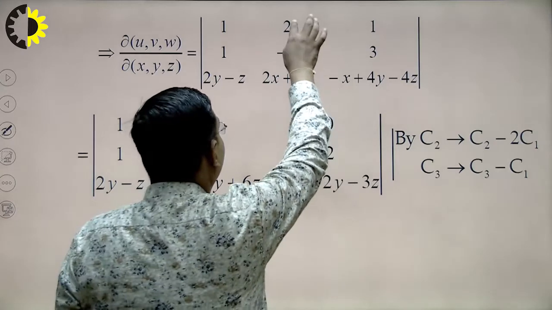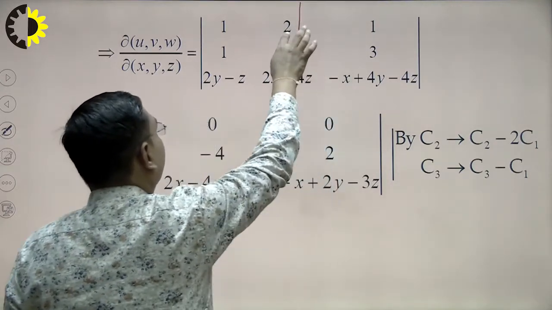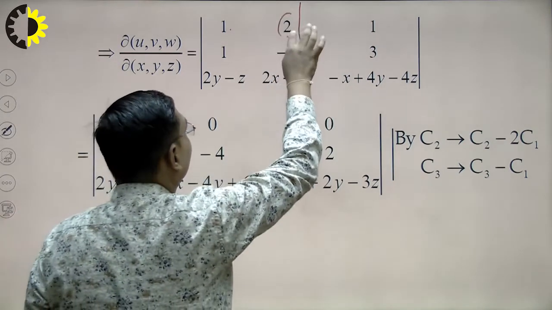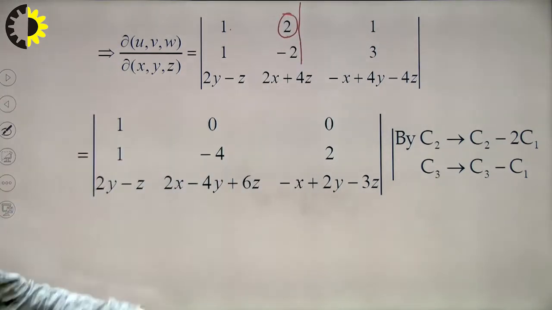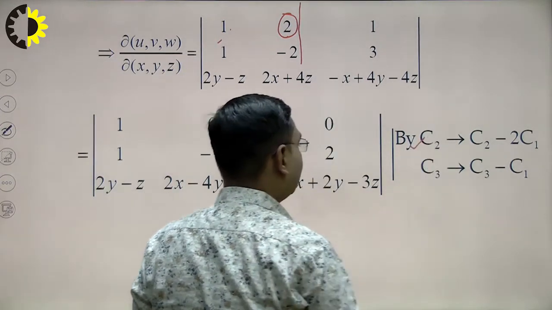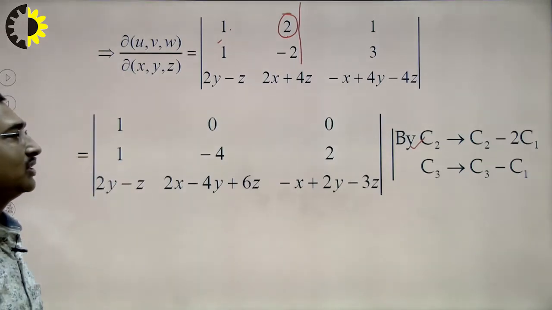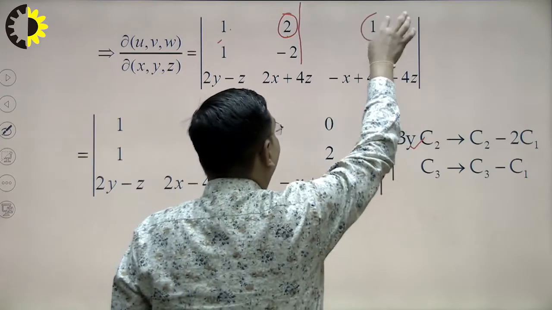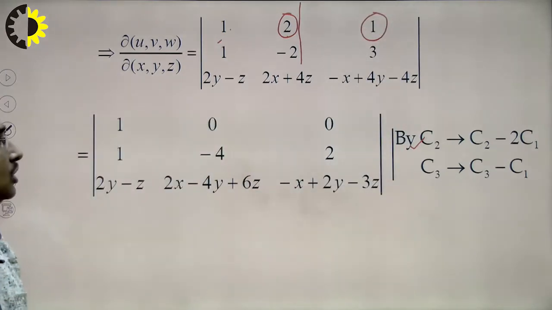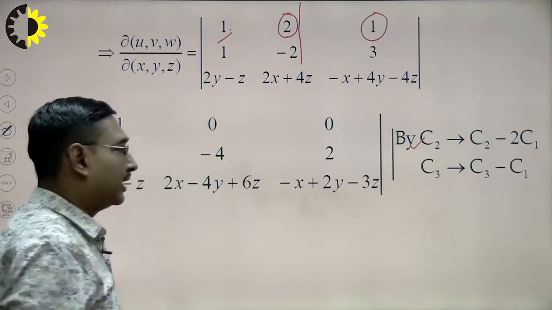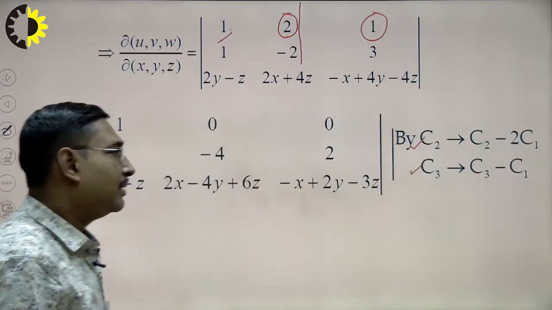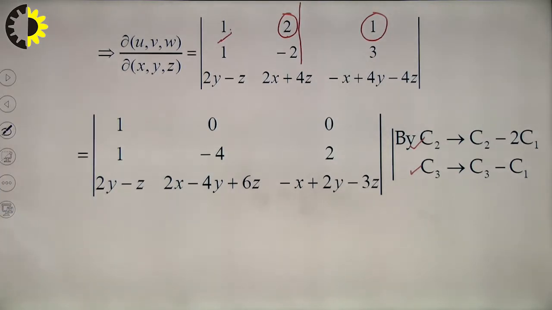Here in this row I observe it is 2 and it is 1. Therefore, this 2 can be transformed to 0 with the help of this one, so the transformation C2 replaced by C2 minus twice C1 is applied. Similarly, this one can also be transformed to 0 with the help of this one again, and therefore the transformation C3 replaced by C3 minus C1 is applied.